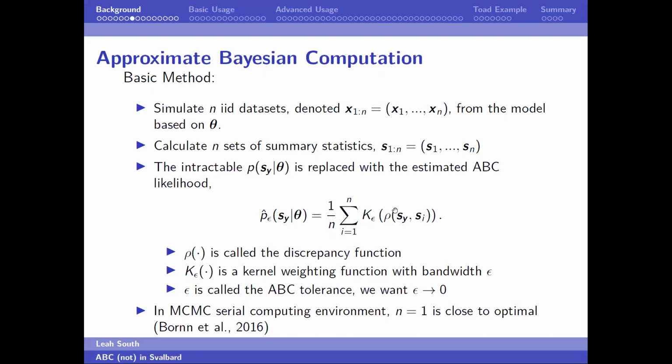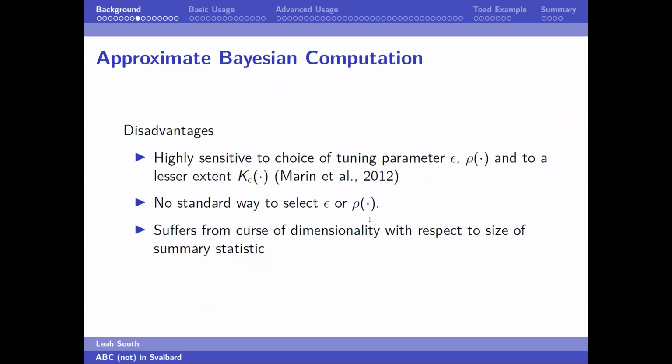This involves a discrepancy function, which gives you a measure of distance between your simulated and observed summary statistics, for example the Euclidean distance. It involves a kernel weighting function, which has some bandwidth epsilon, and you tune your epsilon to hopefully go towards 0.